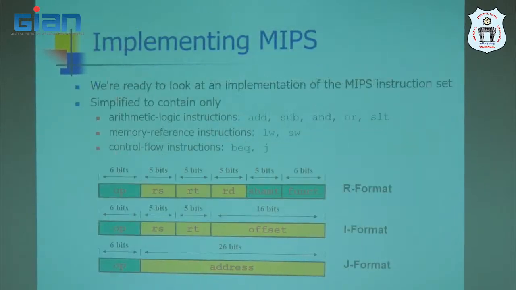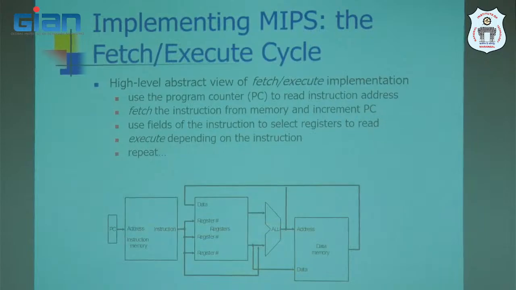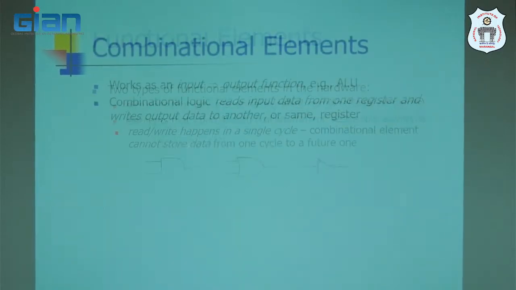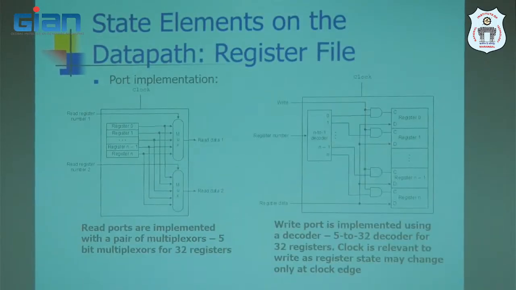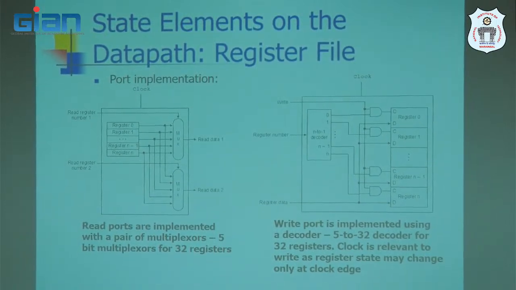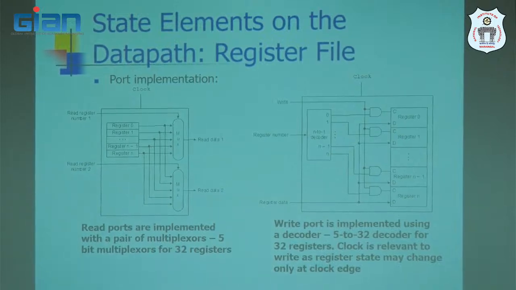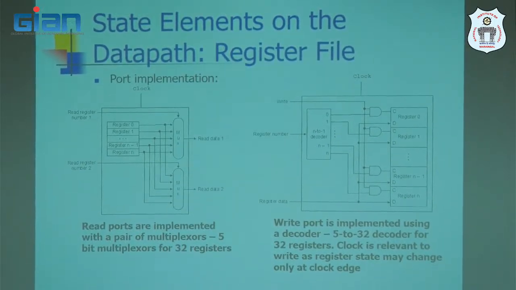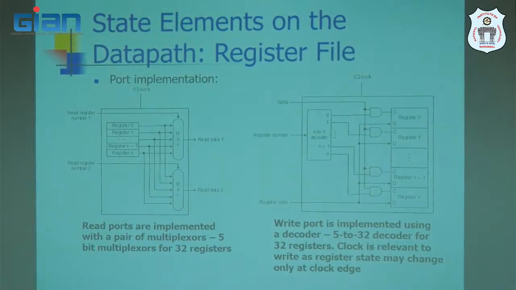So here we created a register file. Total number of registers? 32 registers are there, R0 to R31. So this processor internally contains 32 registers, R0 to R31.